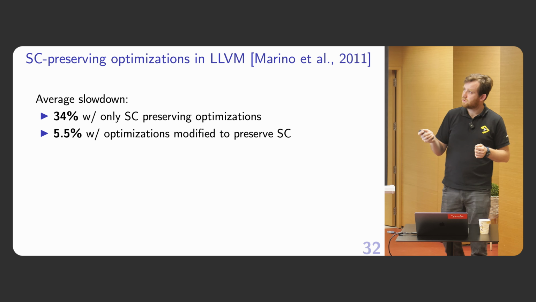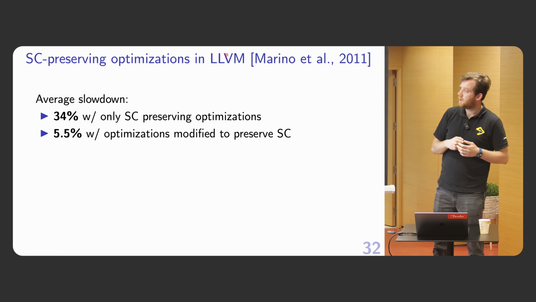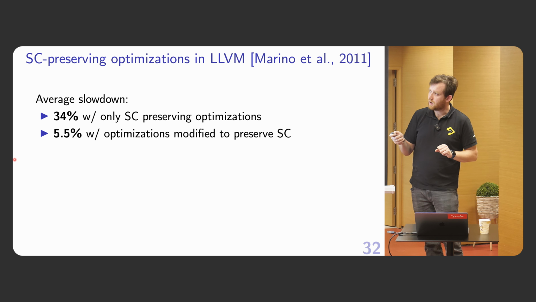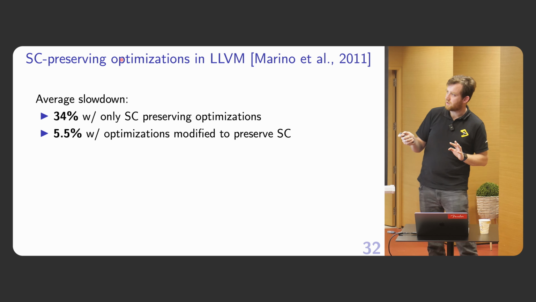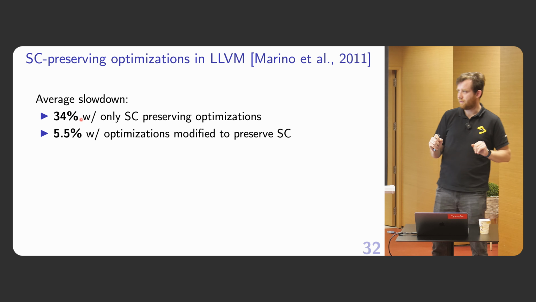And to test that, the authors took LLVM, and first they just turned off the optimizations breaking sequential consistency, and on some benchmark, it's not that important now which one, it showed an average slowdown of 34%, so not that much, right?